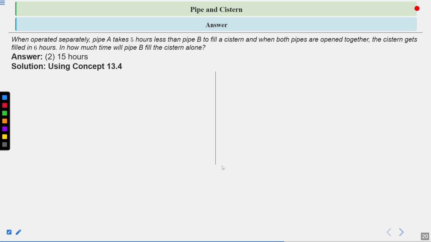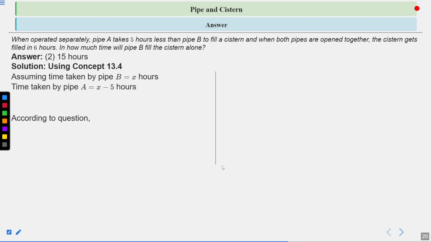Now see the detailed solution using concept 13.4 in this question. Assuming the time taken by pipe B is X hours, the time taken by pipe A will become X minus 5 hours. Now, according to the question, X into (X minus 5) upon (X plus X minus 5) is equal to 6.